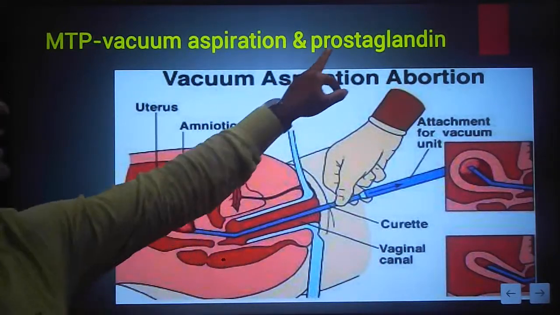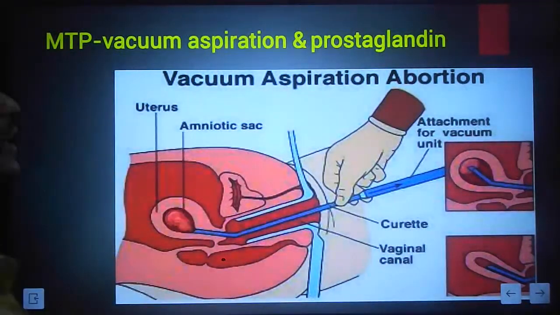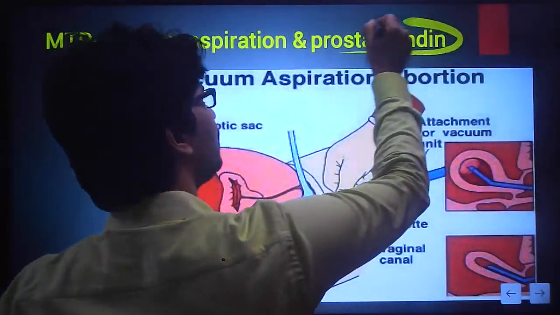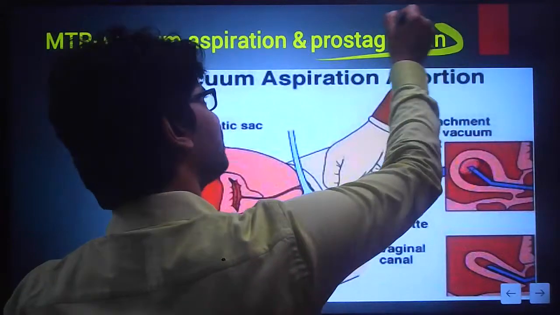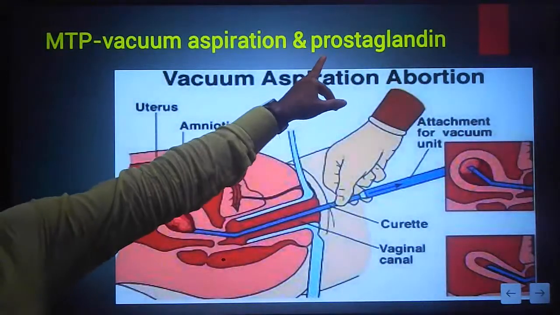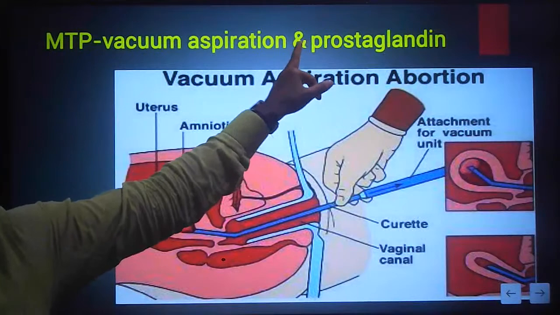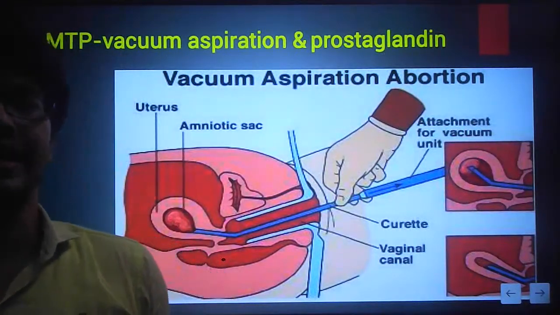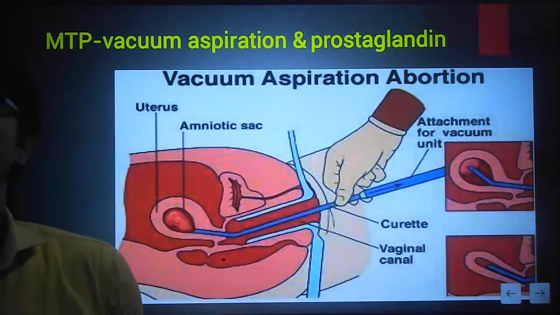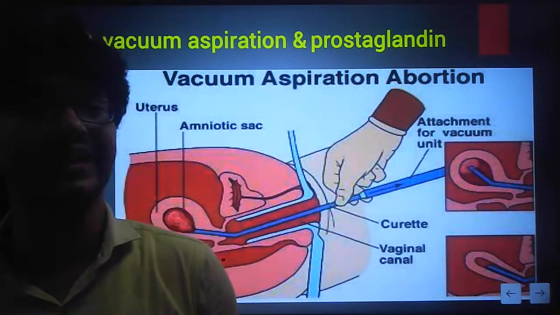Okay, so fine. Next is prostaglandin. The third technique is medical termination. Through this technique too you can induce an abortion. What is the main function of prostaglandin? When prostaglandin is administered, what reaction will take place?